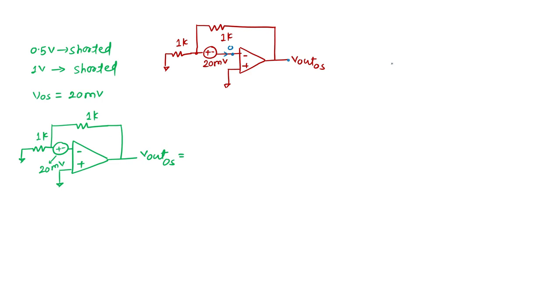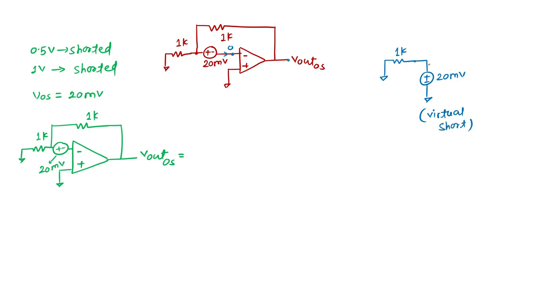So what is the exact network that we are seeing here? 1k. Now it is only the point of your network equations, because this can be considered as the 20 millivolt in this way, and its other end is to ground, because we have seen from the virtual short, and this node is also ground from the virtual short.